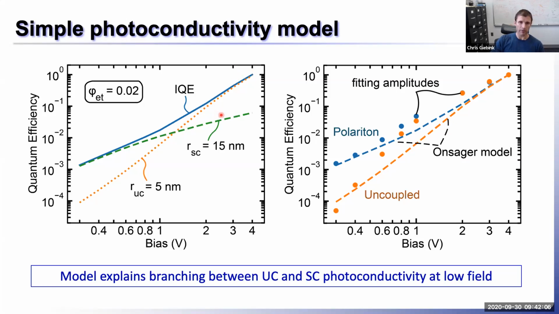But the small fraction of those polaritons that do undergo charge transfer and end up with this more weakly field-dependent dissociation start to dominate at lower bias. And so this type of model, at least qualitatively, explains this branching in the field dependence between the uncoupled excitations and the polariton excitations that we observe at low bias.